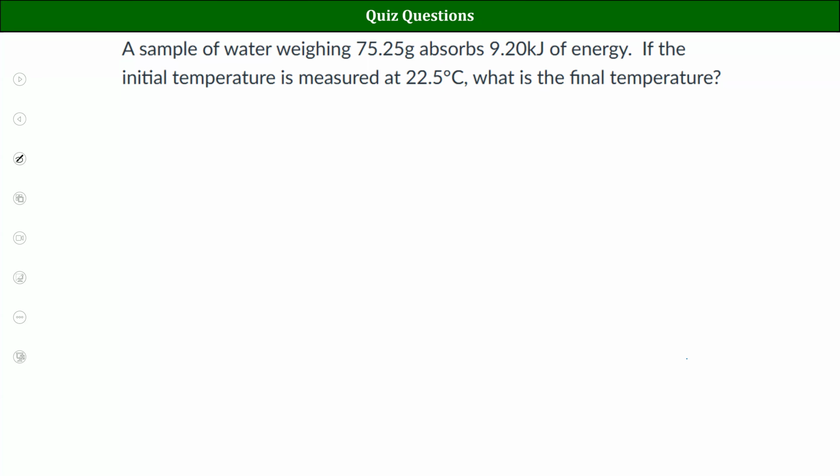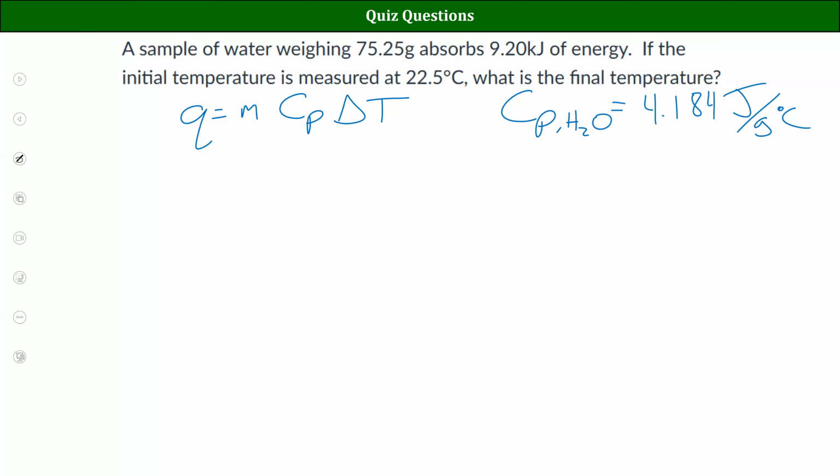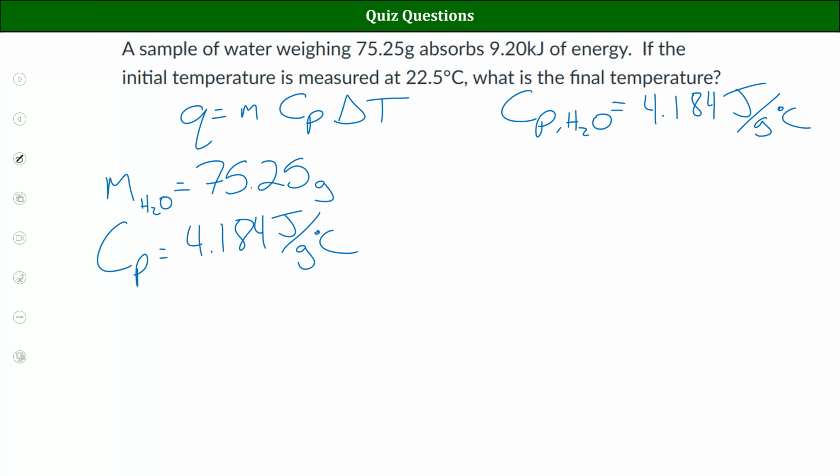What's the final temperature? So in this case, we know Q, we don't know delta T.